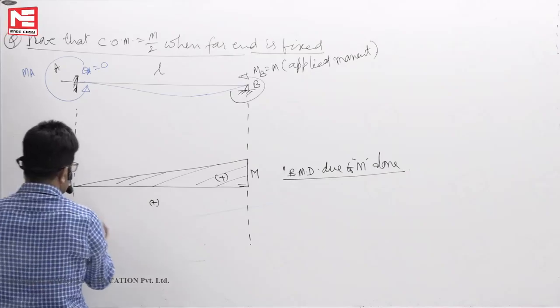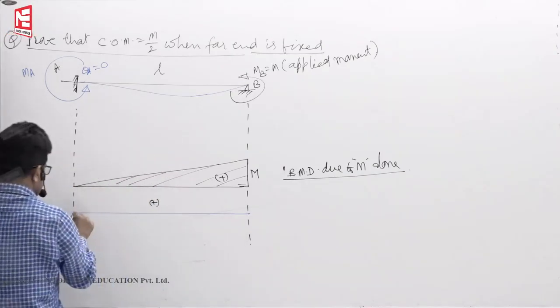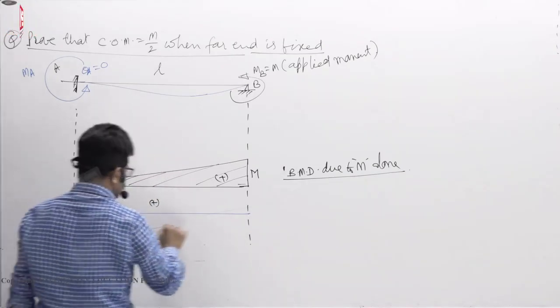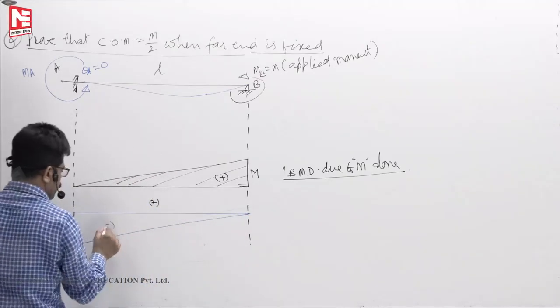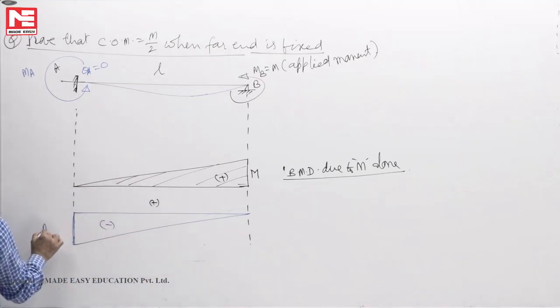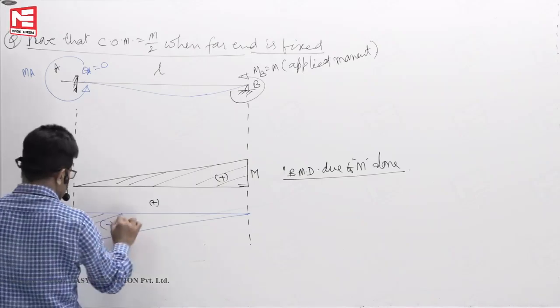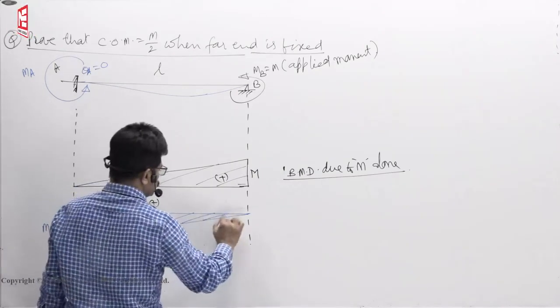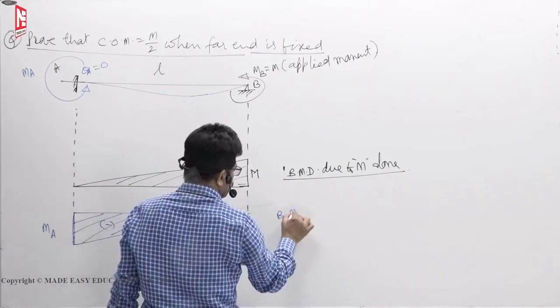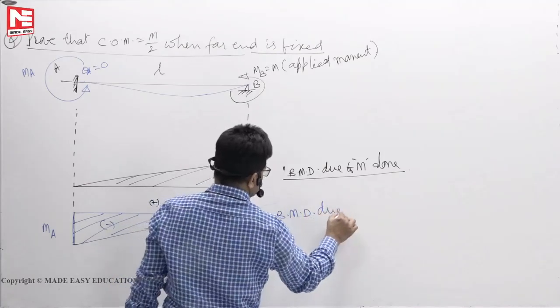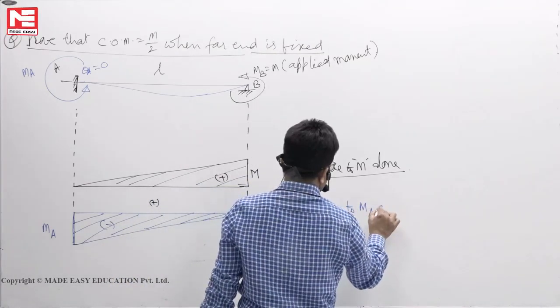This also we know how to draw bend moment diagram. Is another triangle, minus this value is MA. We want to know how much it is. This is bending moment diagram due to MA alone.